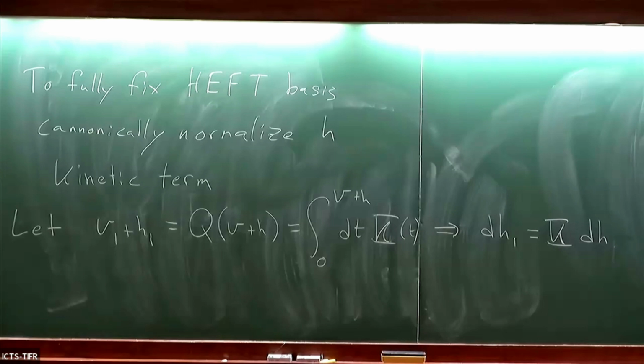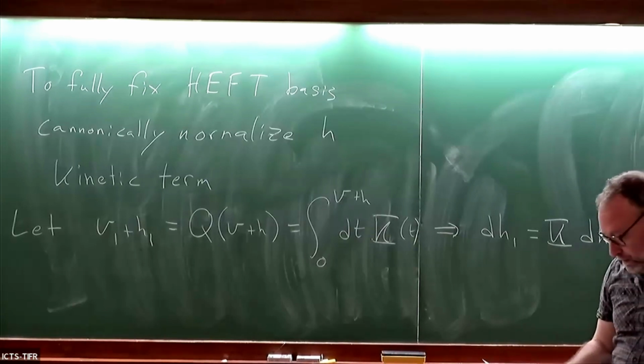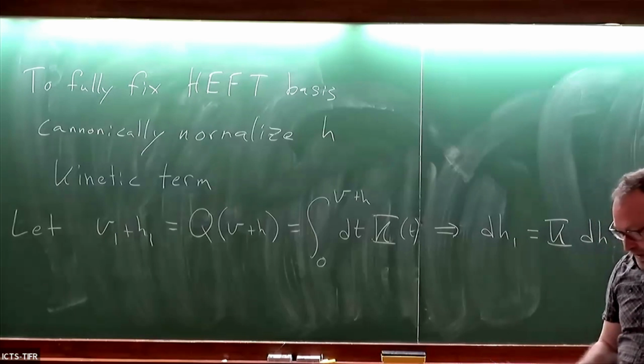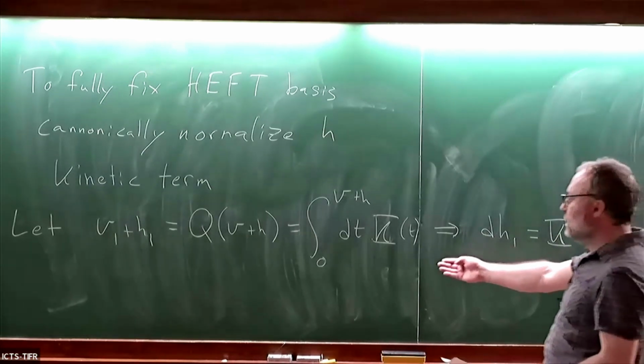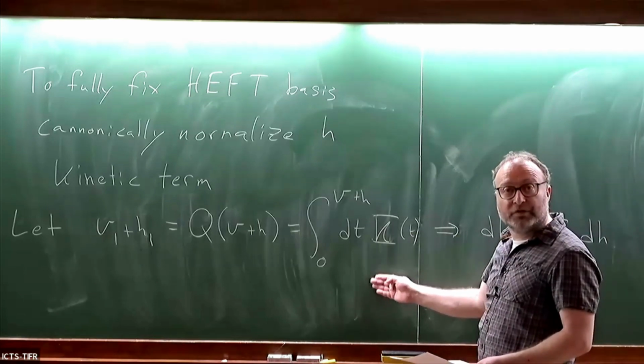I guess it's not written here. But if you look back, just the convention that we're using, the kinetic term was given by h squared. Okay? So this is the way we're going to fix the kinetic term of little h.